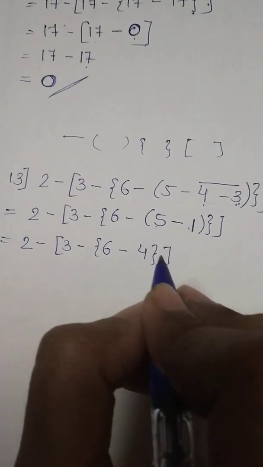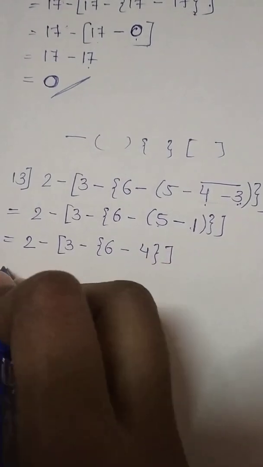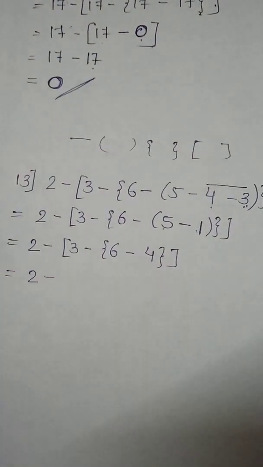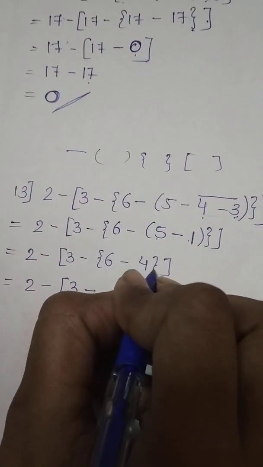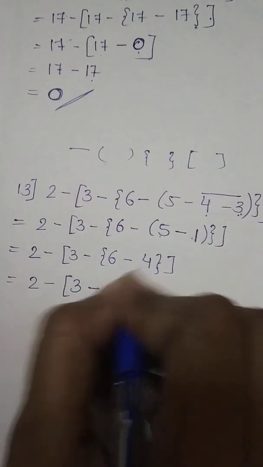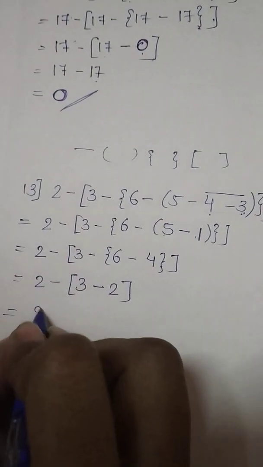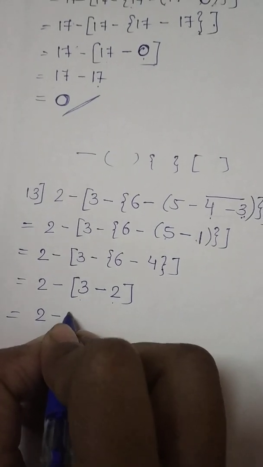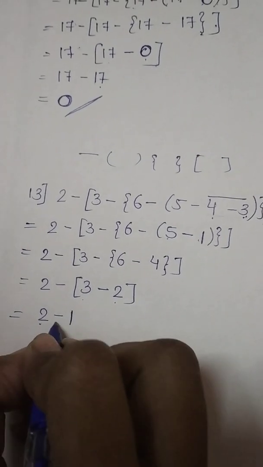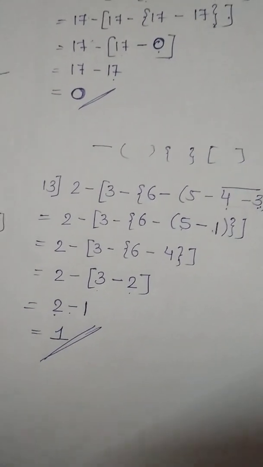Small bracket goes off. 2 minus 3 minus 6 minus 4 is 2. Curly bracket goes off. Now 2 minus 3 minus 2 will become, yes, 1. So now 2 minus 1 is equal to 1. Yes, 1 is the answer.